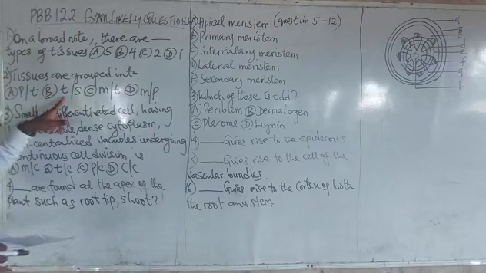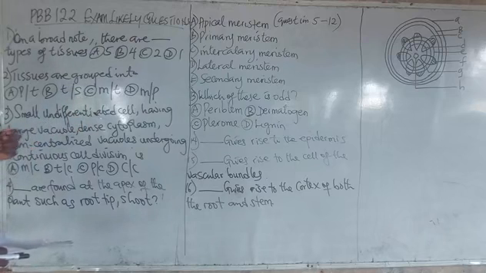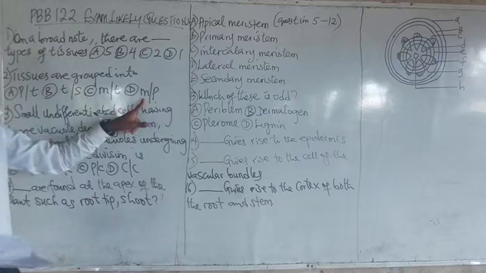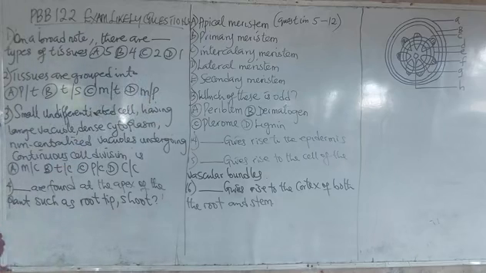I would have added primary and secondary tissue, that was a mistake. Please, we have 2 types of tissues. They are the meristematic tissues and the permanent tissues. Option D is the right answer.